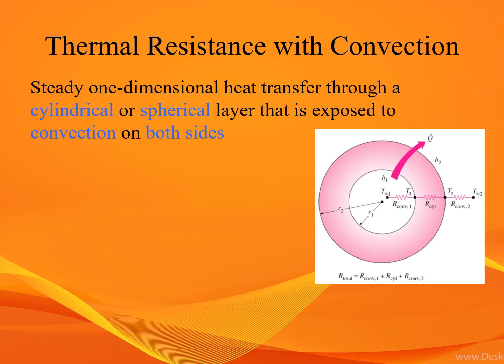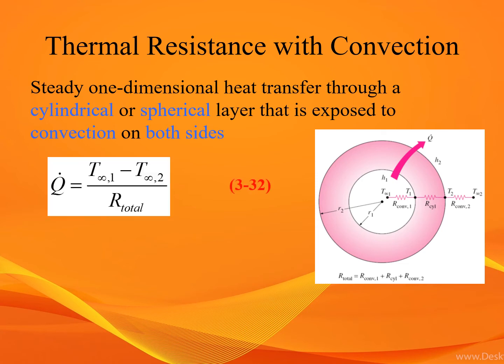Steady one-dimensional heat transfer through a cylindrical or spherical layer that is exposed to convection on both sides. The application of this cylindrical layer is a pipeline. Normally inside the pipeline we have a fluid, right? That fluid can cause heat transfer by convection, and the outside of the pipe we also have surrounding area, so the pipe is exposed to convection.